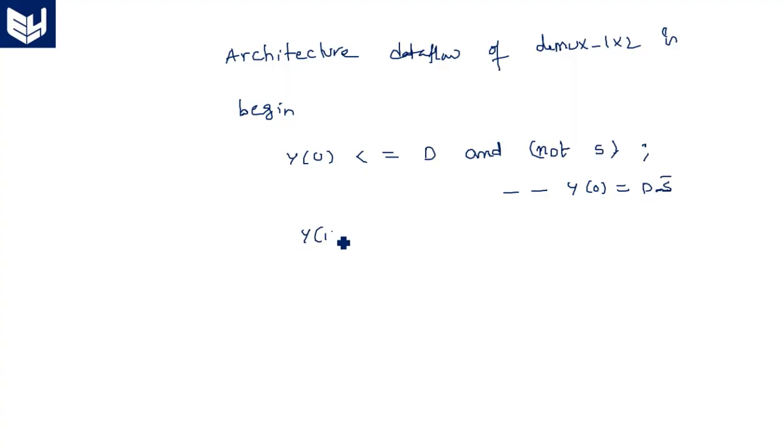And y(1) <= D and S. Y1 is equal to D into S. End dataflow. This is the architecture of the 1/2 demultiplexer. Very simple. In the next video, I will explain about the structural as well as behavioral model of the 1/2 demultiplexer.